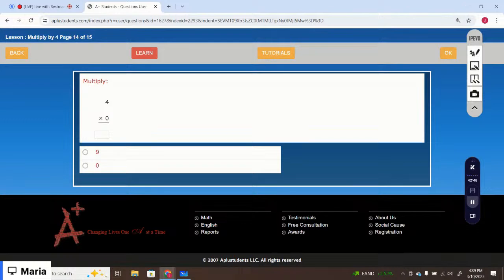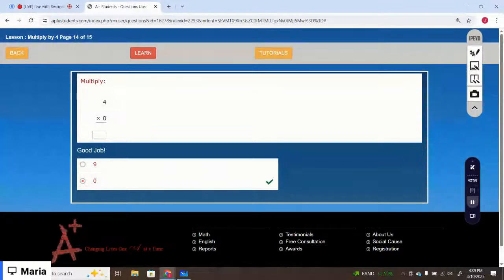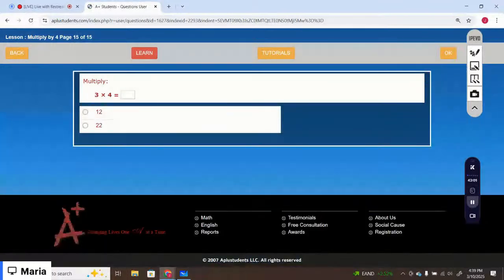4 times 0 equals 0. Option number 2 is the correct option. 3 times 4 equals 12.